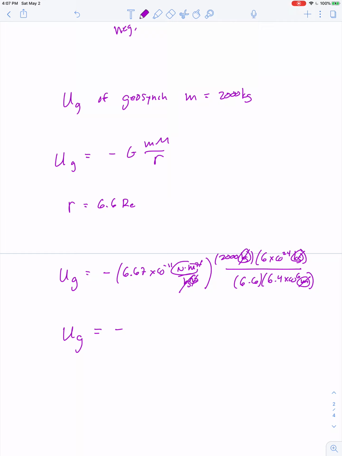So I get a value of negative 1.9 times 10 to the 10th joules.